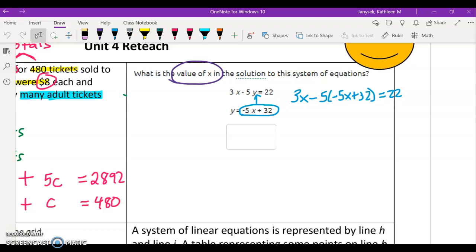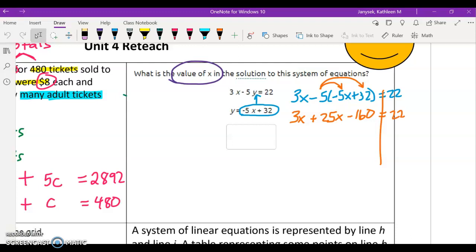Now we are really just solving for x. The 3x will remain the same. Negative 5 times negative 5x is positive 25x, because remember, negative times a negative. Negative 5 times positive 32 is negative 160, equals 22.